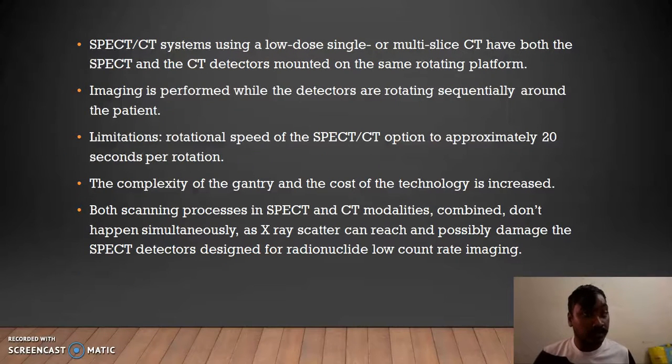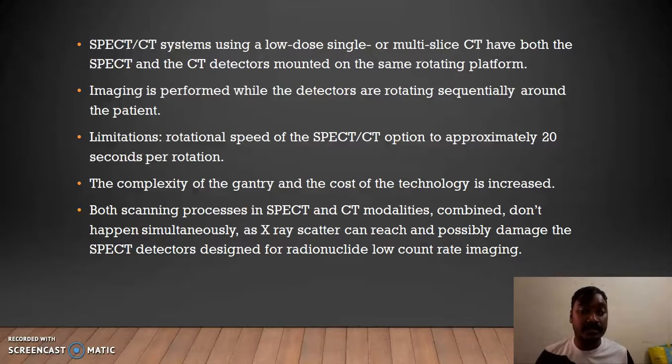SPECT CT systems using a low-dose single or multi-slice CT have both the SPECT and CT detectors mounted on the same rotating platform. The detectors rotate on the same platform, but their functions do not combine together.